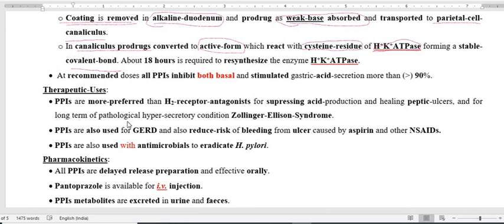Regarding its recommendation, this is recommended. All proton pump inhibitors inhibit both basal acid production and stimulated gastric acid production; more than 90% of acid production is inhibited by the proton pump inhibitor.